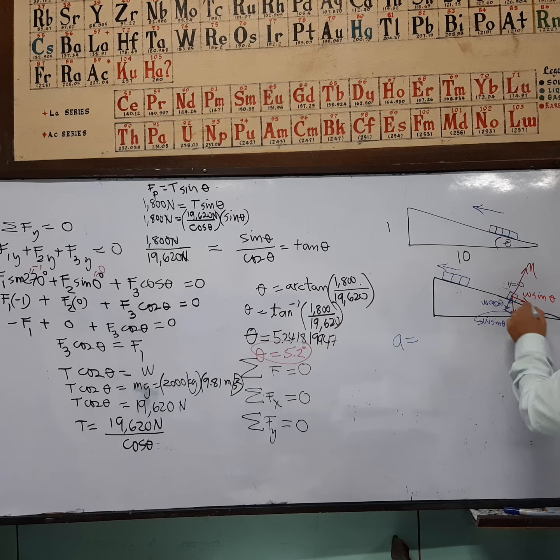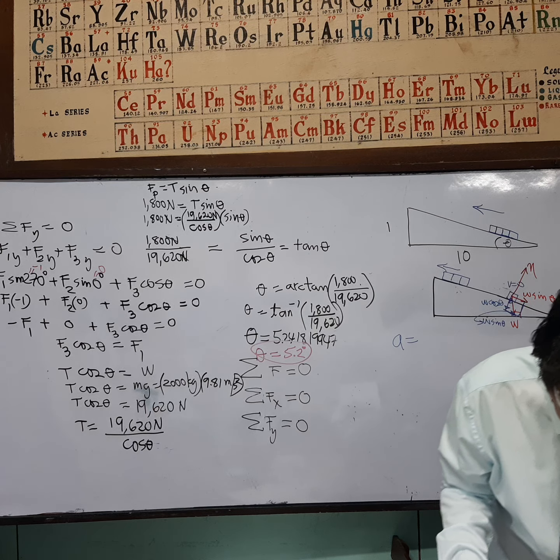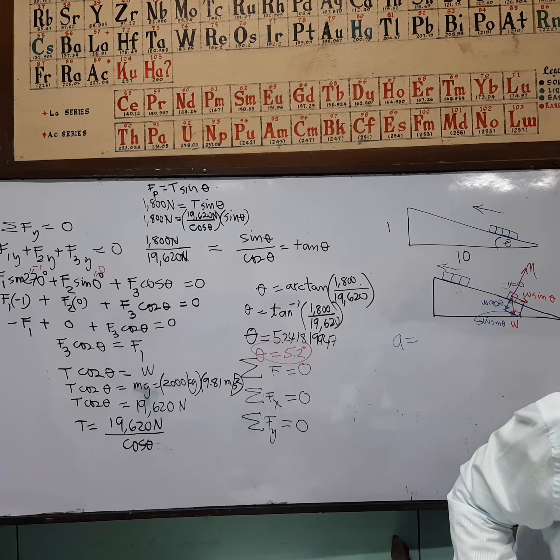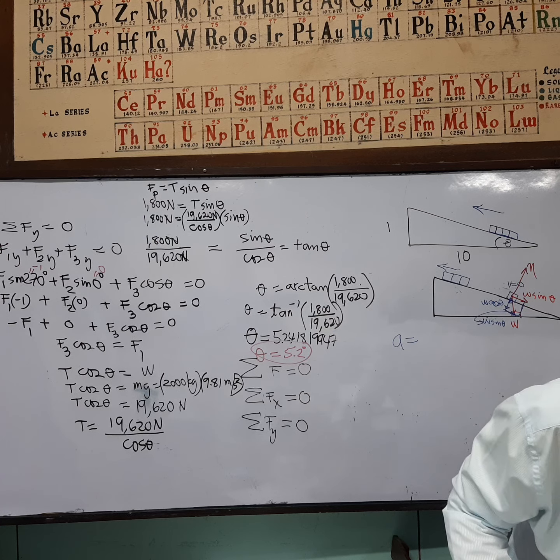They are parallel, opposite sides of a rectangle, because we can form a rectangle here. In a rectangle, opposite sides are equal.